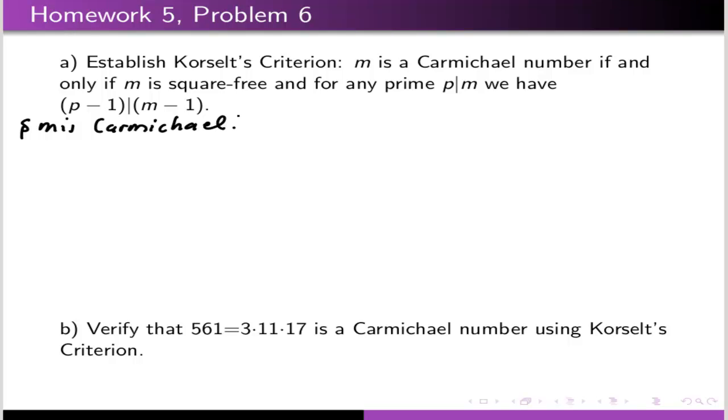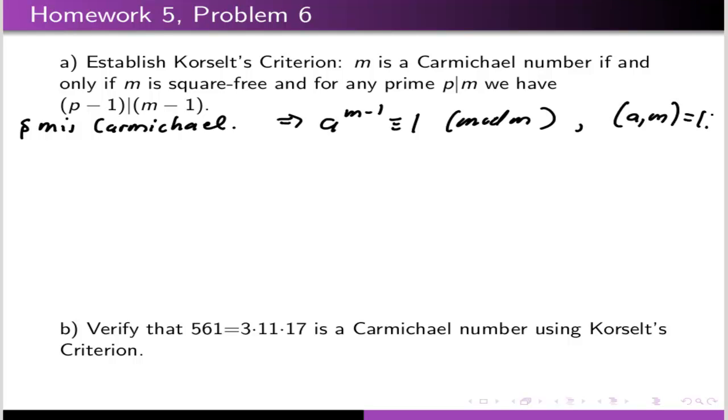Okay, so that means that a to the m minus 1 is congruent to 1 mod m for all a relatively prime to m. And now, why must m be square-free if that's going to happen?